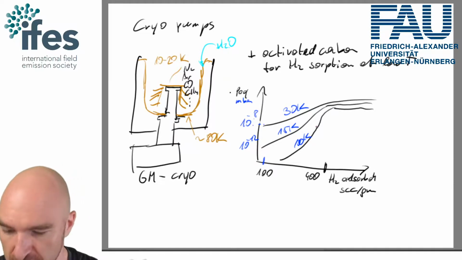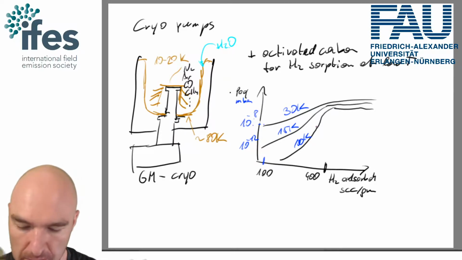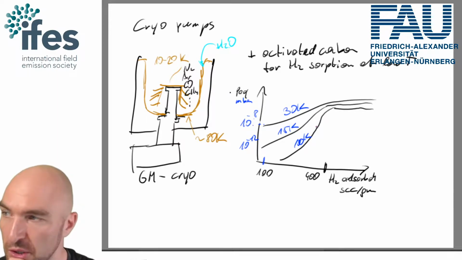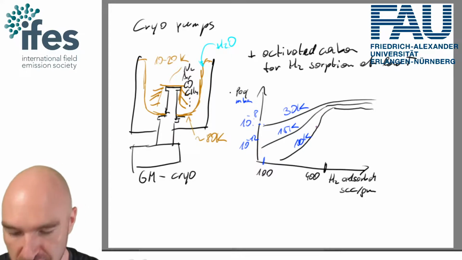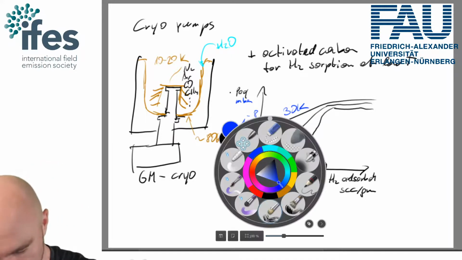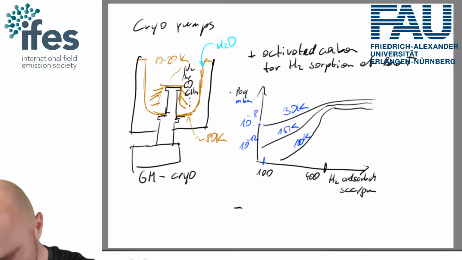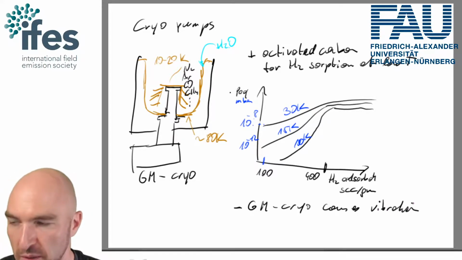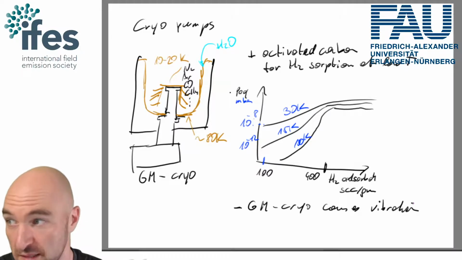So the question is then, if we have, for example, an atom probe that is voltage only, why do we not use that? Or if it's a laser atom probe, I've forgotten to mention maybe, the problem is that the GM cryo causes vibrations. It's kind of like if you go into the atom probe room, and you always hear that, that's the GM cryo.